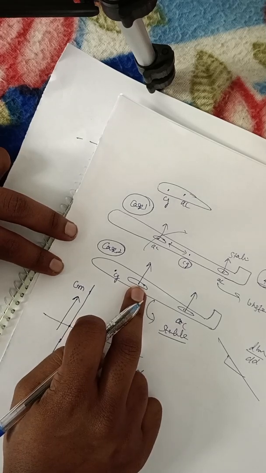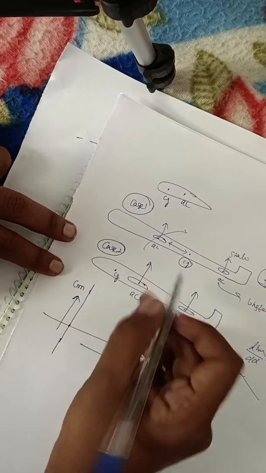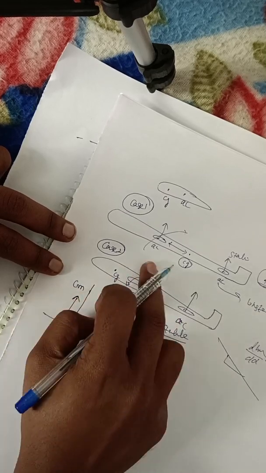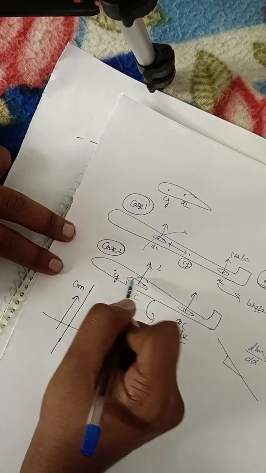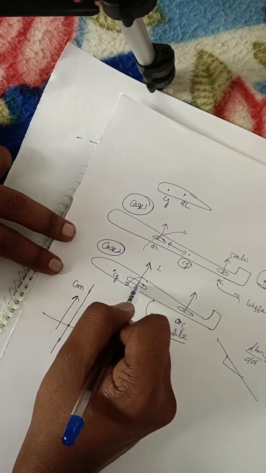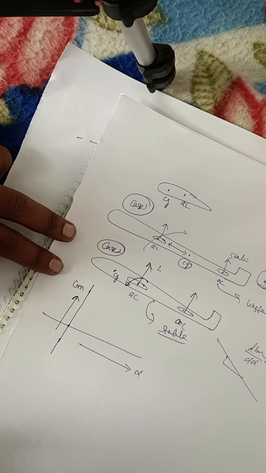If it is a cambered aerofoil, of course, even at alpha equal to 0 there is always some positive lift. That will create the negative moment, and there is always an aerodynamic moment about the aerodynamic center. This is also a nose down moment, so a negative moment.